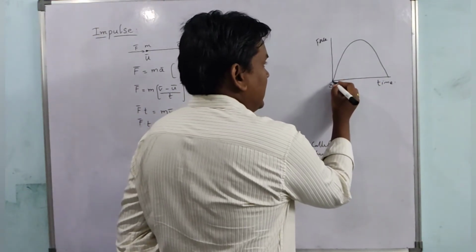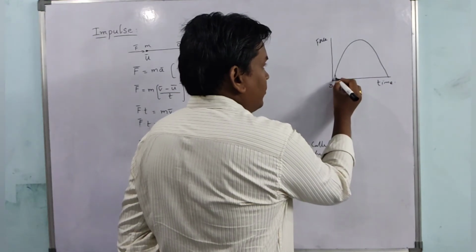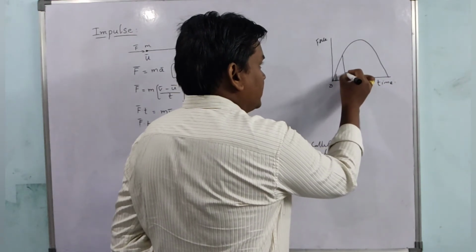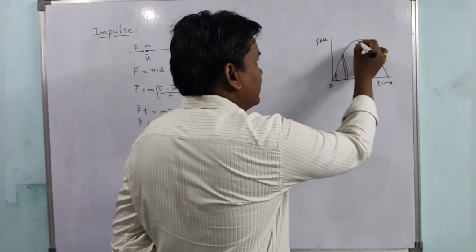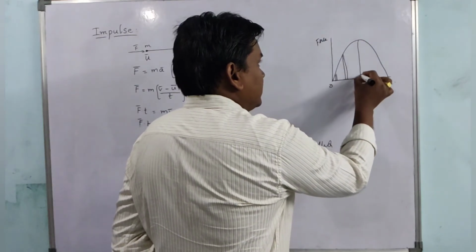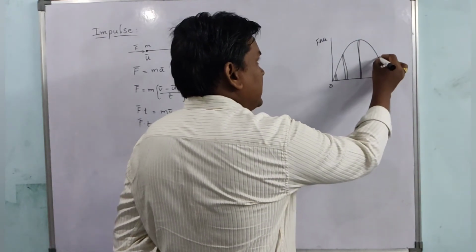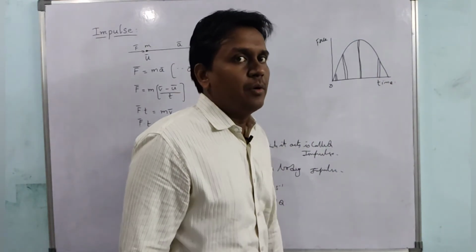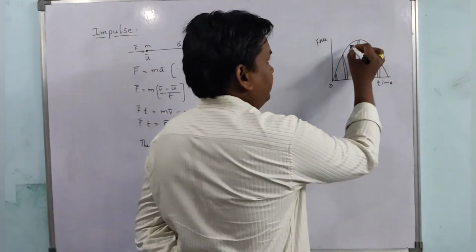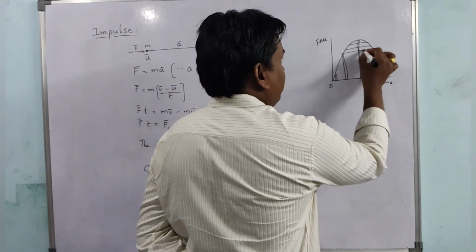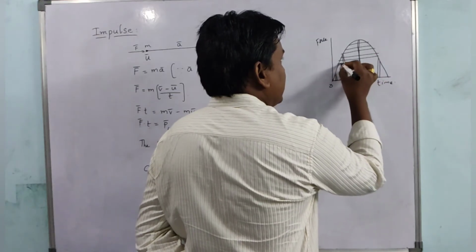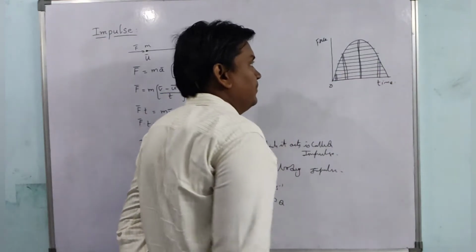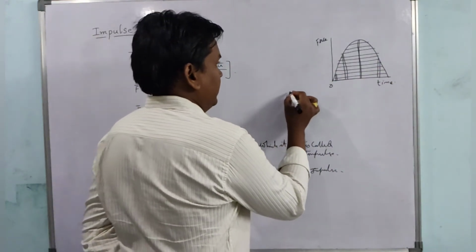That means at zero time the force is very little, and then the force rapidly increases, reaches this value, and finally the force becomes 0. If we calculate the area under the force and time graph, we will get impulse.